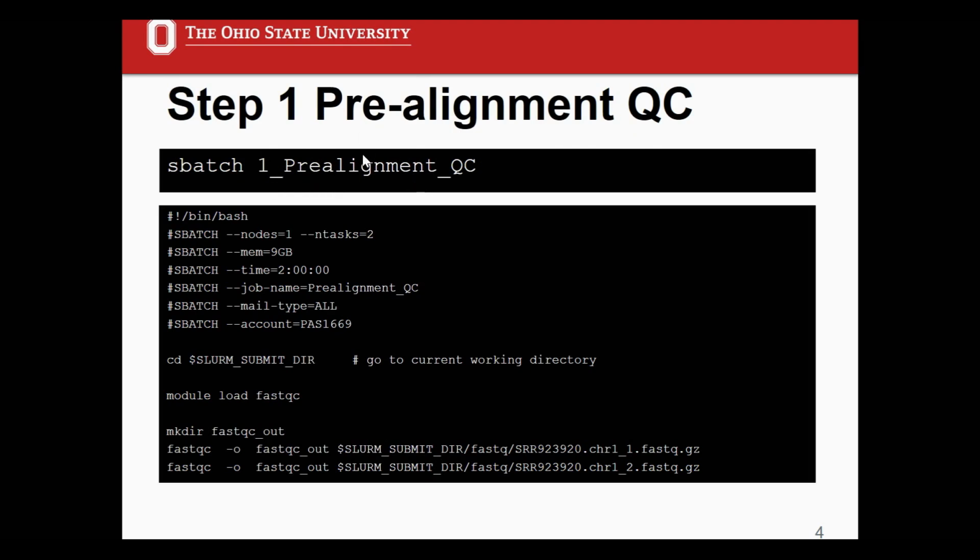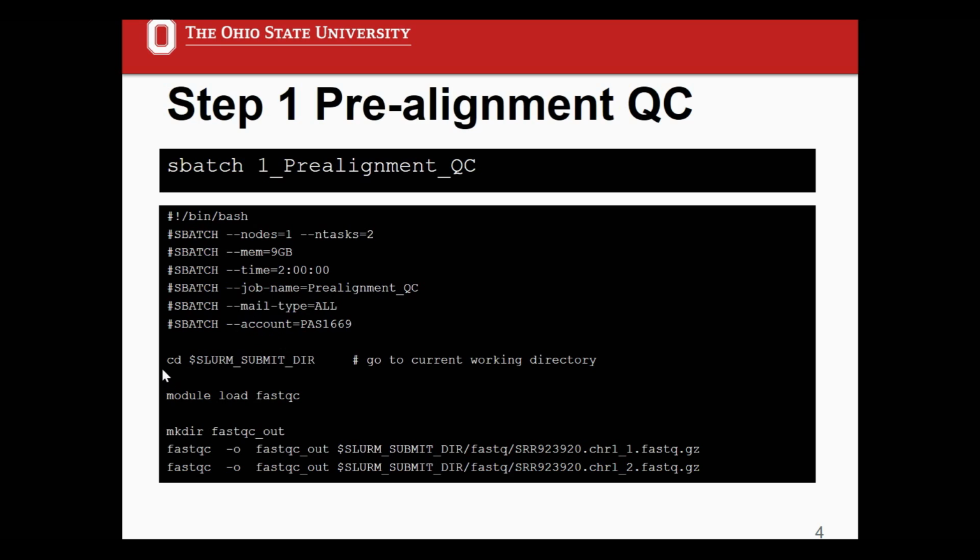In these job scripts, we use the first several lines to request resources from the system, like one computer node, 2 cores, and the memory, time, job name, email me when the job starts or finishes, and the account we want to use.